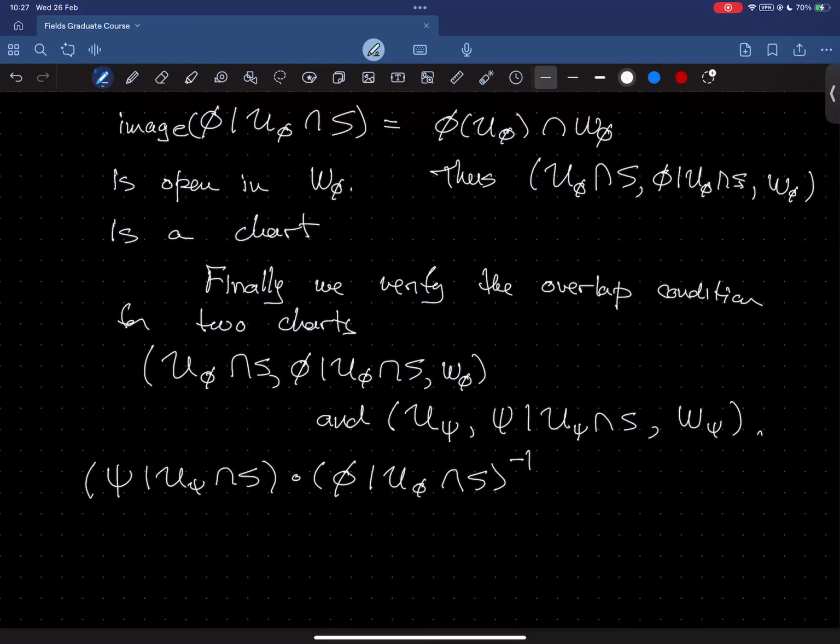So this is going to be a map from phi of U phi intersect W phi into psi of U psi intersect W psi.